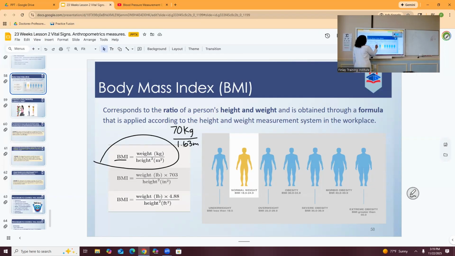The formula says 70 kilos divided by the height twice. So it's 1.63 multiplied by 1.63.